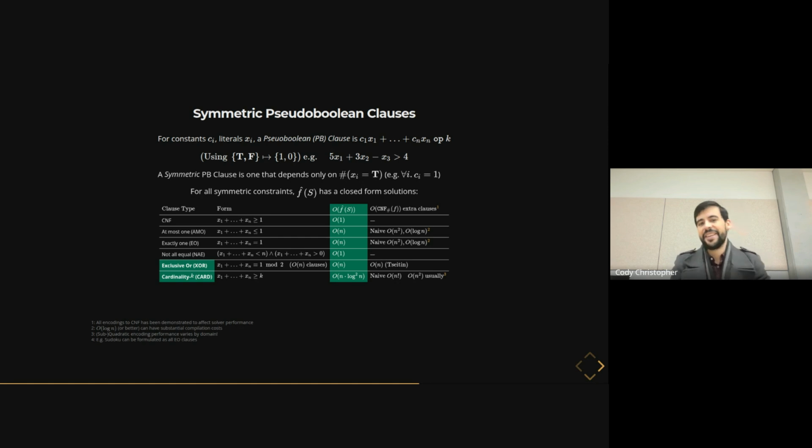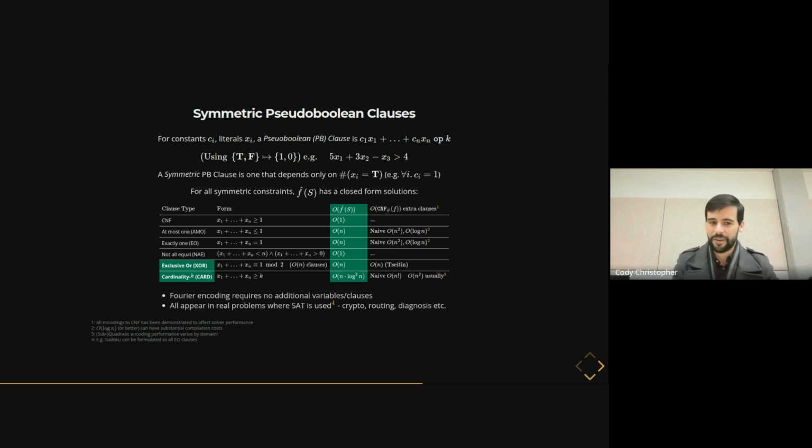Notably, cardinality naively is n factorial in terms of representation. There are much better representations, but there's usually additional compute overhead as well to compute these representations. So the reason why we care here is that we can actually keep these pseudo-Boolean clause types in their native form, or at least as a one-to-one map in our continuous relaxation, rather than blowing up into possibly n squared additional clauses. When n is large, any sort of quadratic or worse is not great for us.